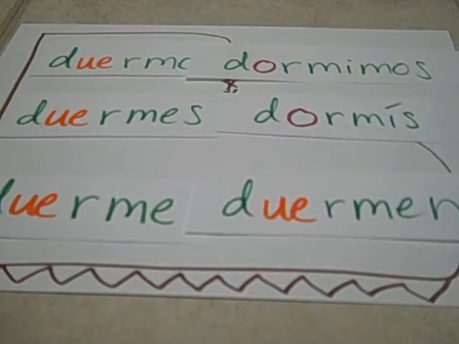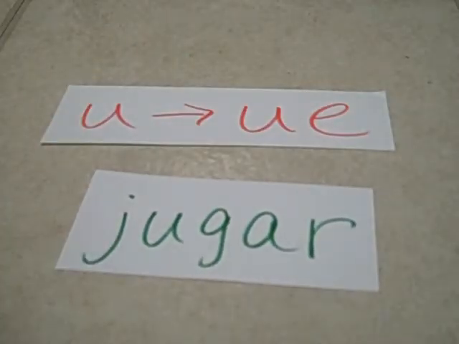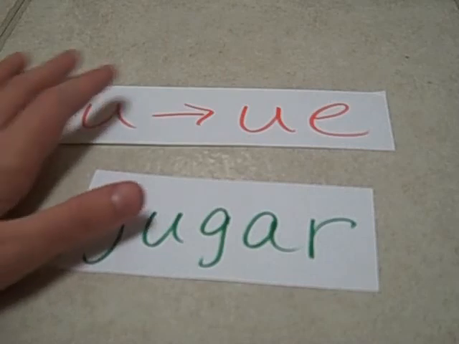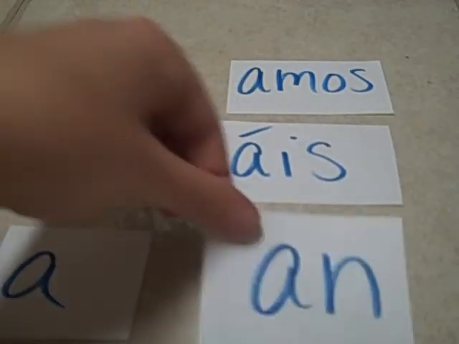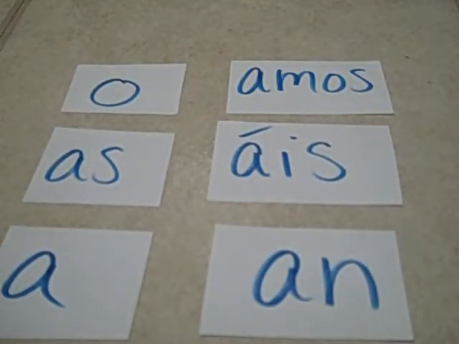The last category of stem changing verbs is the U to UE category. The verbs that fall into this category are easy to remember because there's only one, and it is the verb jugar, the verb to play. Jugar is an AR verb, so its endings will be o, as, a, amos, áis, and an, like you've studied.